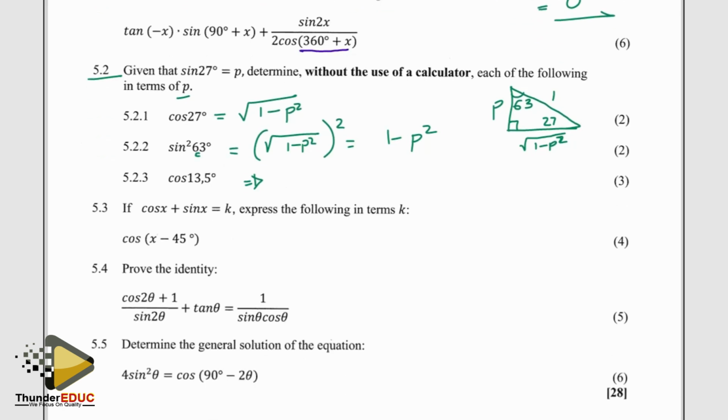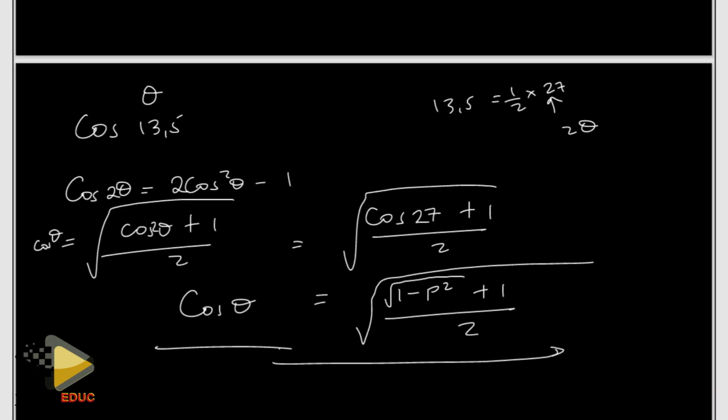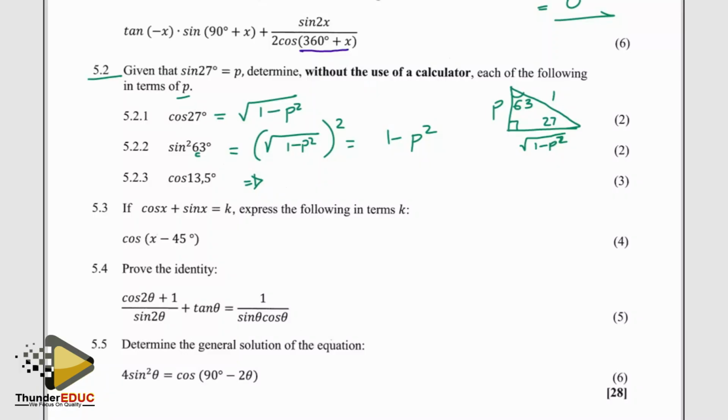Then 5.3, we're given cos x plus sin x is k. What do they want us to simplify? Cos of x minus 45. Okay, so just expand this using your compound angles.